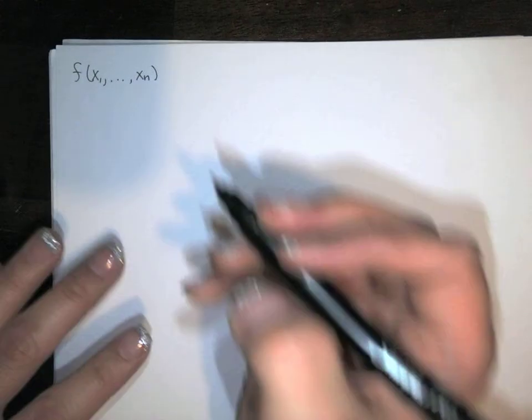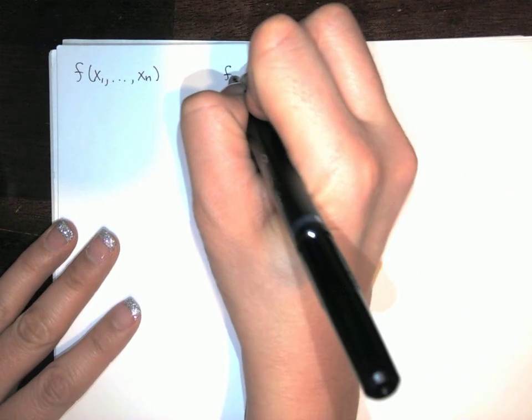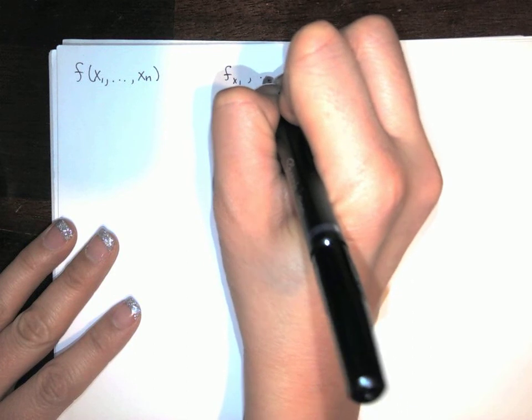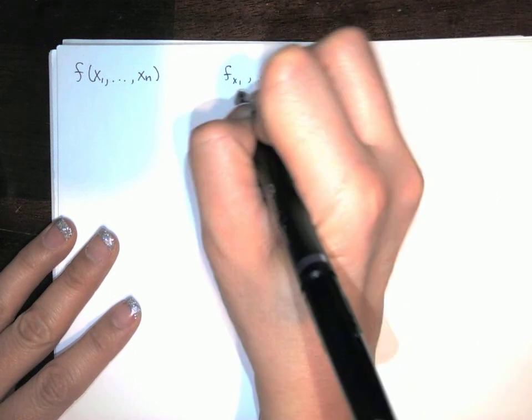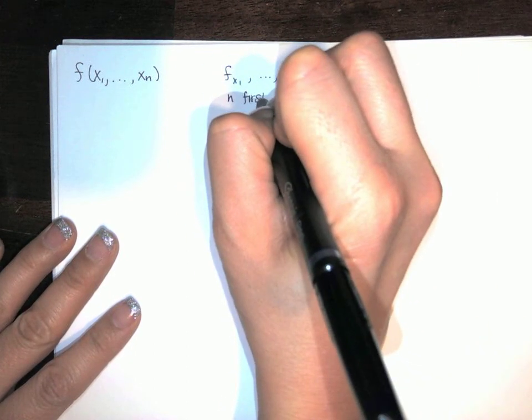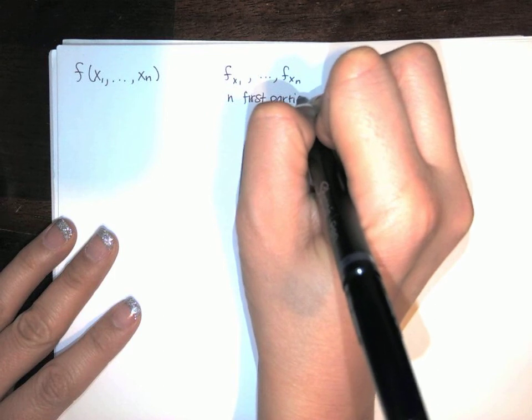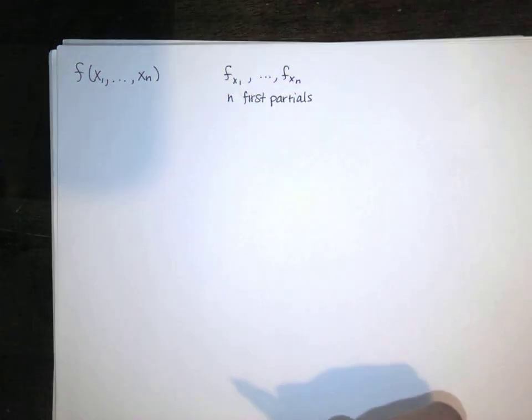So let's say we've got a function of n variables. Now you've got n first partials. And each of those can be differentiated n more times to get second partials.